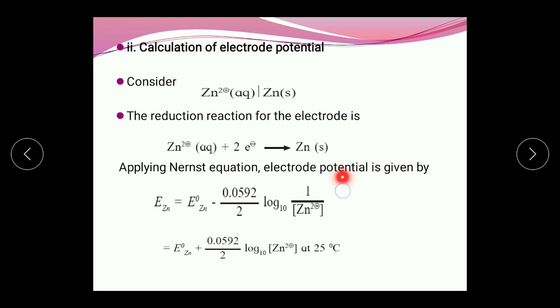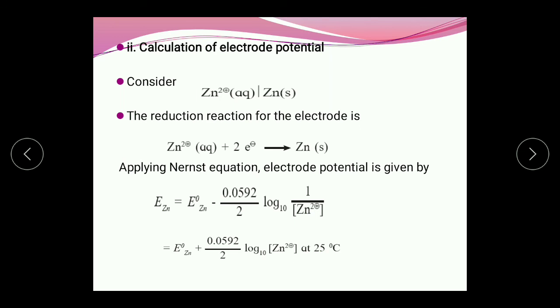This is reversed: the denominator comes in the place of the numerator just by reversing the sign, and we have taken plus here. So E Zn will be equal to E0 Zn plus 0.0592 divided by 2 log to the base 10 of concentration of Zn+2, at 25 degrees Celsius, because this value comes only at 25 degrees Celsius. Hence, this is the formula for cell potential as well as electrode potential by using the Nernst equation.